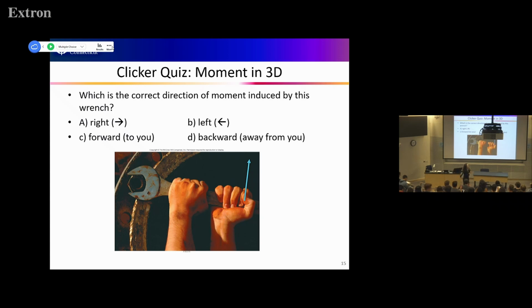The meaning of the moment's directional vector being forward is that the moment is counterclockwise in this direction. So there's a bolt and we are pushing this, so the moment is in this direction to unscrew this bolt.